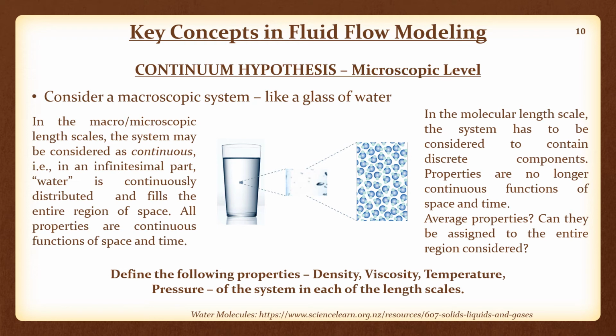Now, how do I define a temperature? How do I define a pressure? How do I define a density, viscosity? None of this is very straightforward from the training that you may have received in looking at a system like this, a glass of water, from a macroscopic or a continuum perspective.